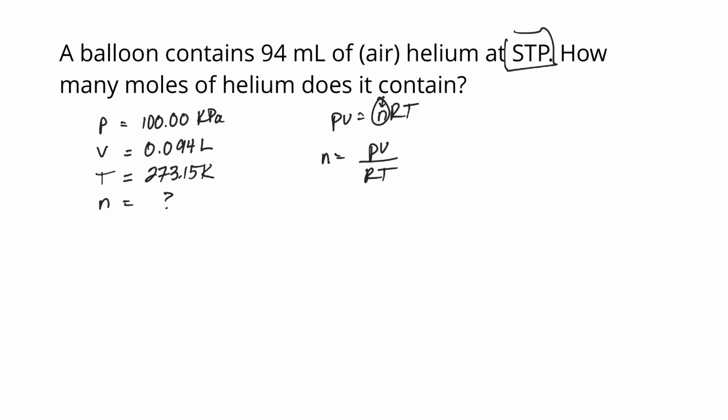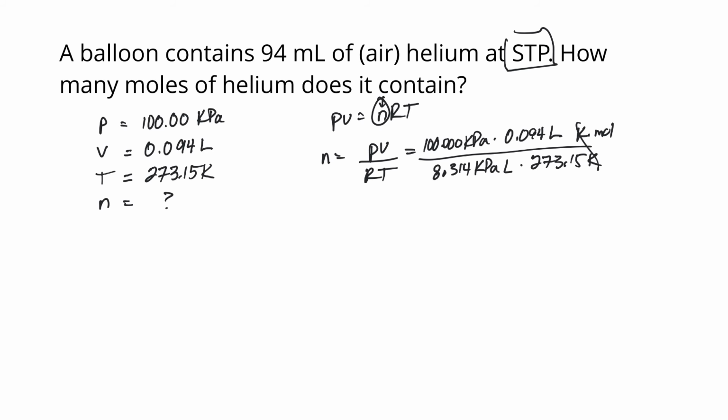So the pressure is 100 kilopascals times the volume, 0.094 liters, divided by the universal gas constant, 8.314 kilopascal liters per Kelvin mole, and the temperature is 273.15 Kelvin. Kelvins go, liters go, kilopascals go, moles are what I'm looking for.